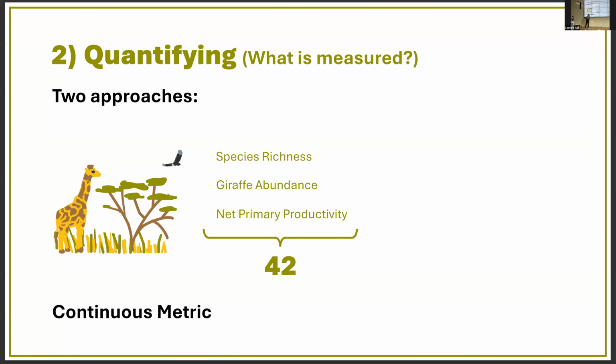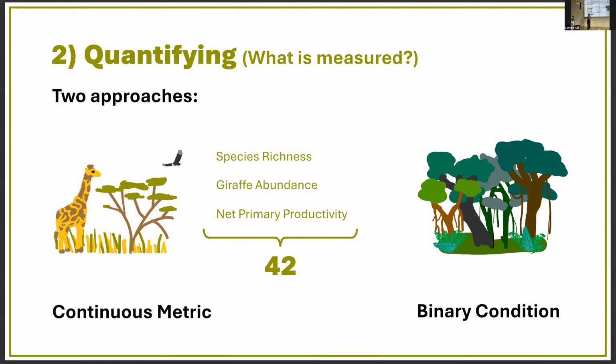And most companies, in recognition of the fact that you will want different metrics in different areas, are calling it a basket of metrics because they're saying, depending on the project, depending on the region, you can choose different metrics to go into your basket to quantify your ecosystem. Other companies are taking a way simpler approach and they're just going for a binary condition. So they're basically classifying an ecosystem as good or bad, essentially, dependent on, for instance, whether an indicator species is present.